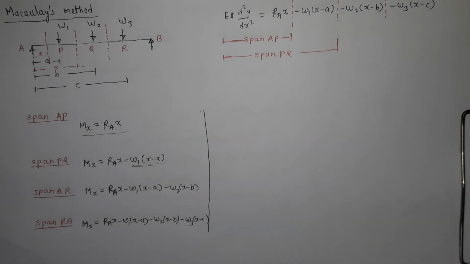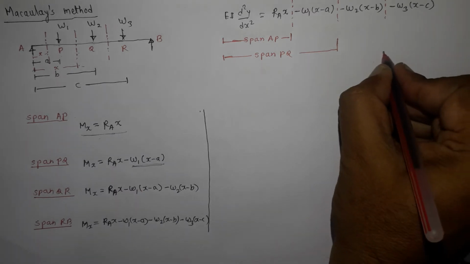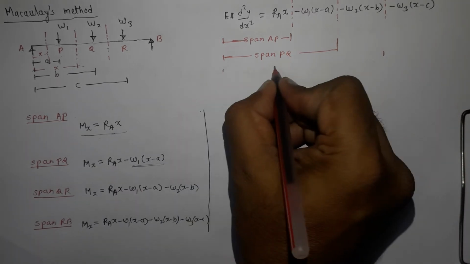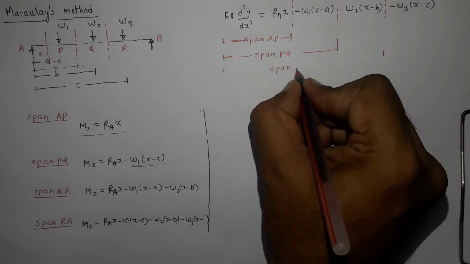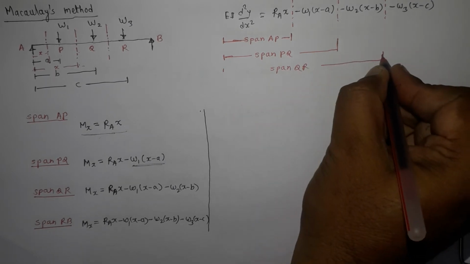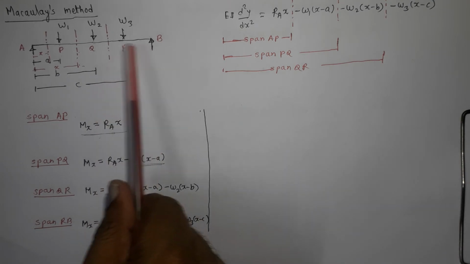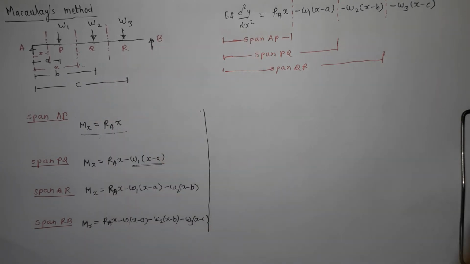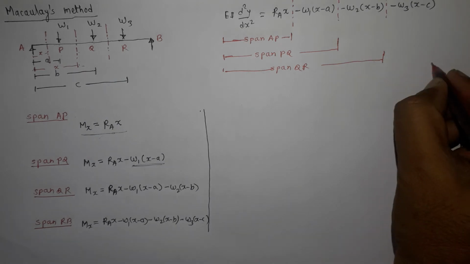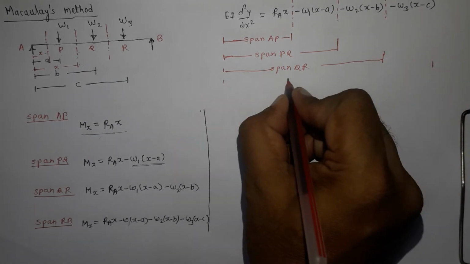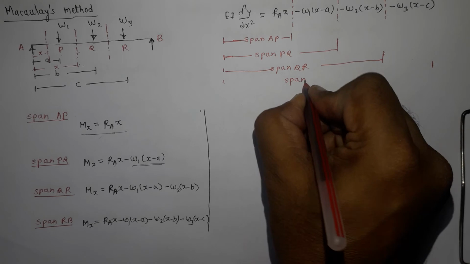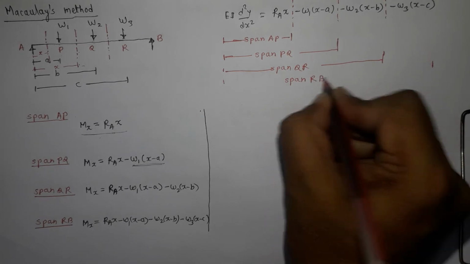When you want to deal with the span QR, you will have to consider the equation up to third partition. And when you want to deal with the last subspan, you will have to consider the entire equation. So this entire equation is to be considered when you are dealing with the last subspan, that is span RB.